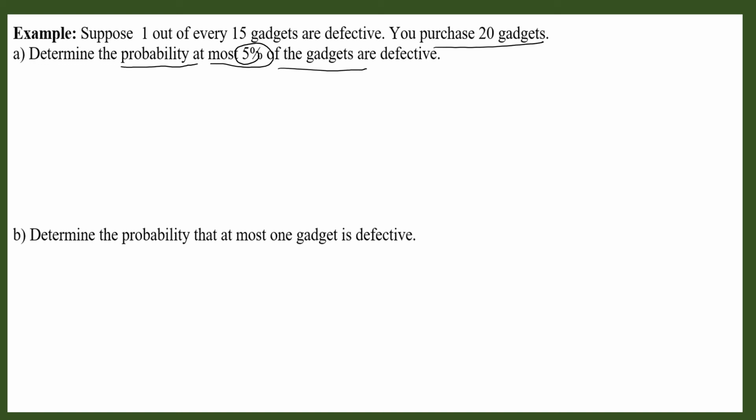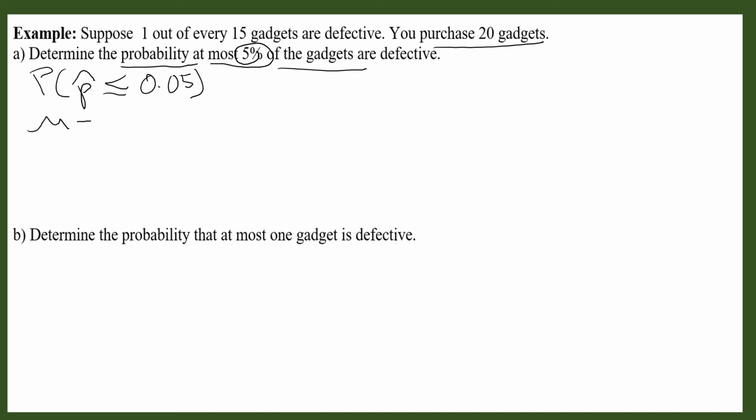We purchased 20 gadgets. 5% of them, at most 5%, are defective. That is the probability that our sample proportion is no greater than 0.05. Okay? Once again, we're talking sample proportion.